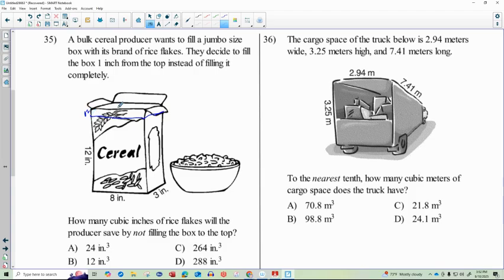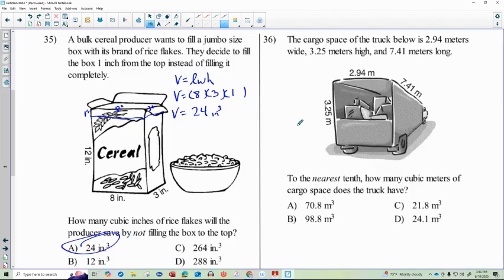It's going to have a length of 8, which is the same on the bottom, inches, and a width of 3 inches. So this is a rectangular solid, so it's length times width times height. And we just need to figure out the volume with those 3 dimensions. The length is going to be 8, the width is going to be 3, and the height is going to be 1. So the volume should be 24 cubic inches.